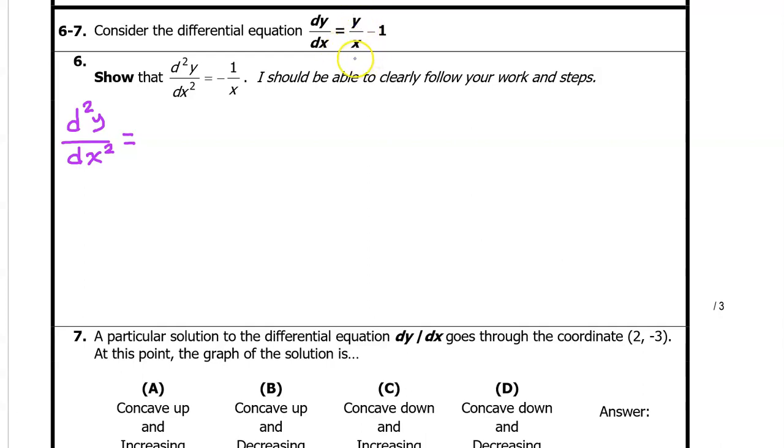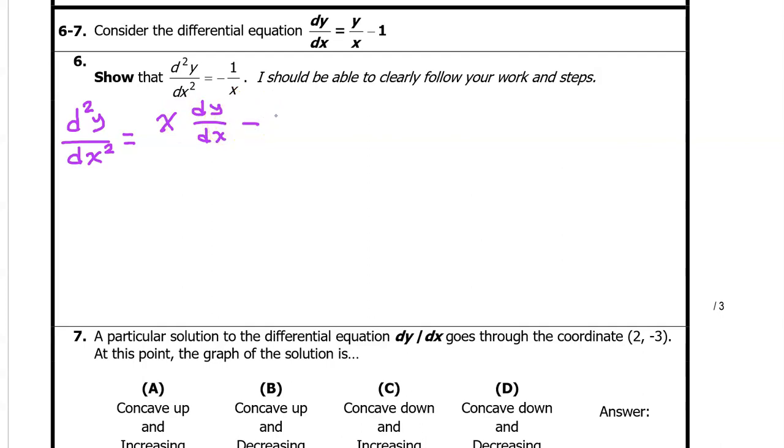Draw the line, and down below, the bottom squared will go. When I say low d high, I mean low is x, and d high is the derivative of the numerator. So that'll just be dy dx. So that's low d high.